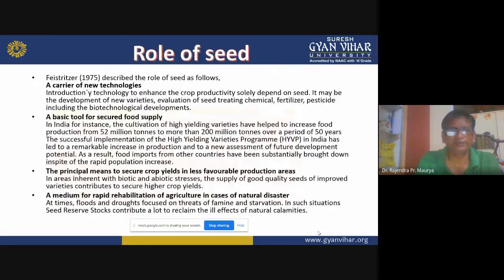Role of seed. Based on the Fish Treasure in 1975, the role of seed was described as a carrier of new technologies. So the introduction of technology to enhance crop productivity depends solely on seed.